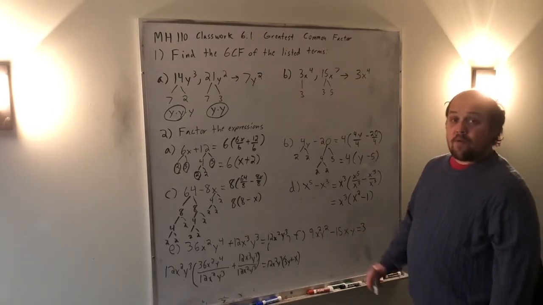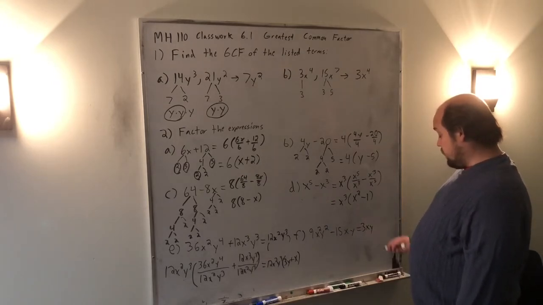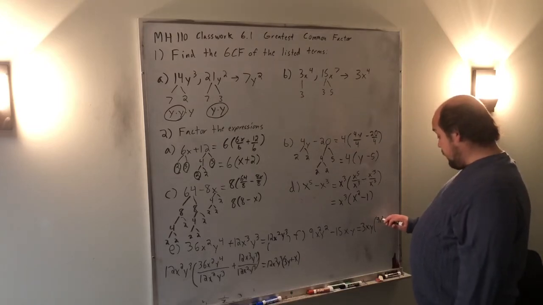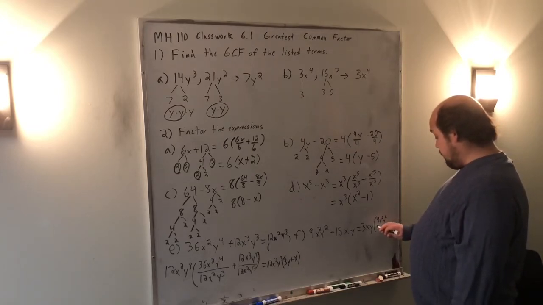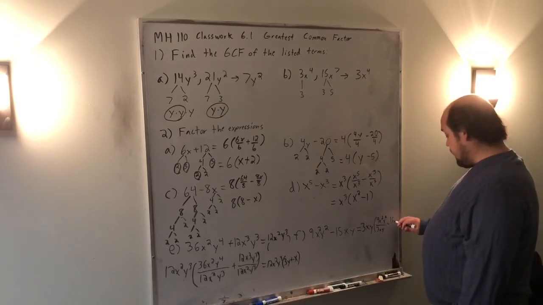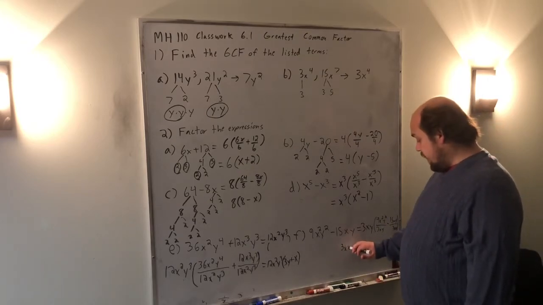So the lowest power I see of each variable is an x to the first and a y to the first. I'm then going to be taking 9x squared y squared, dividing it by 3xy, and negative 15xy divided by 3xy. That means I have the 3xy out front.